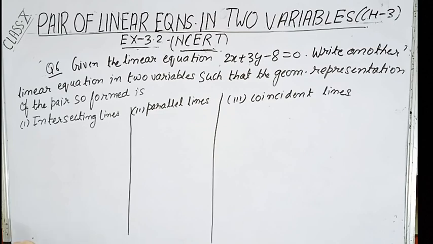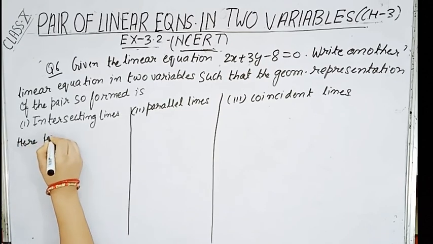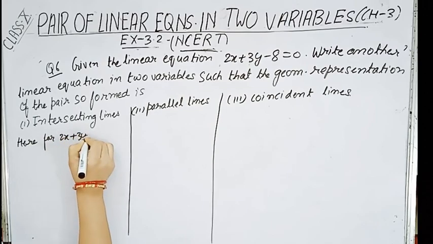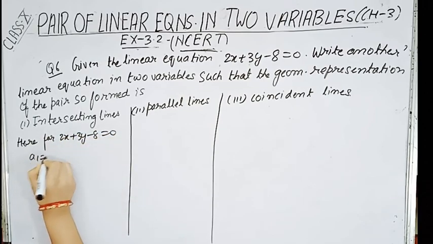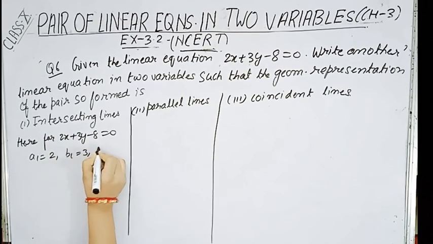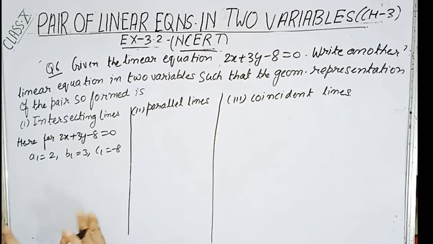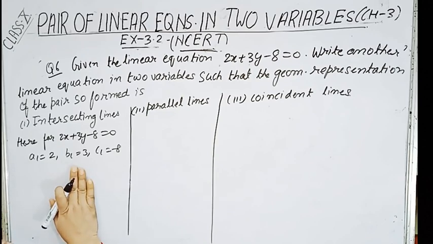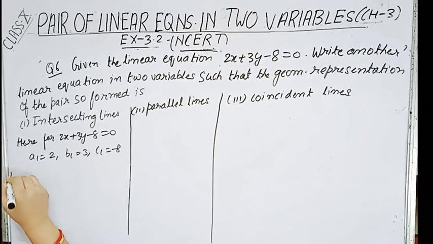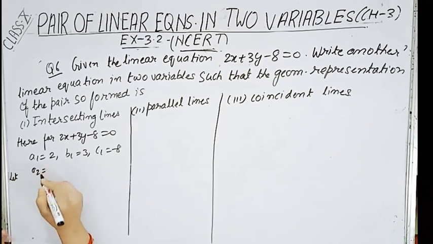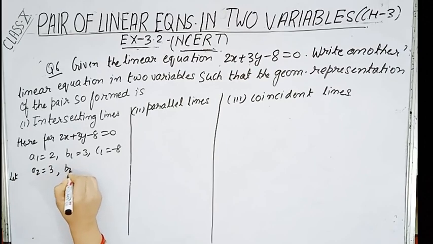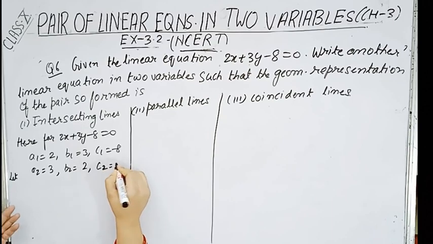So here for 2x plus 3y minus 8 equals 0, a1 equals 2, b1 equals 3 and c1 equals minus 8. Now children, whatever value from the infinite numbers, any number you suppose such that a1 by a2 is not equal to b1 by b2. So we can write let a2 equals anything, suppose 3, b2 equals 2 and c2 equals anything randomly, whatever you can write.